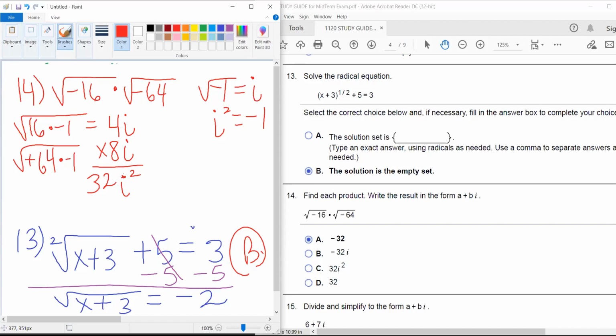Now be careful. 32I squared is one of our choices. But anytime we have I squared, we must replace it with -1. So our final answer is A, -32.